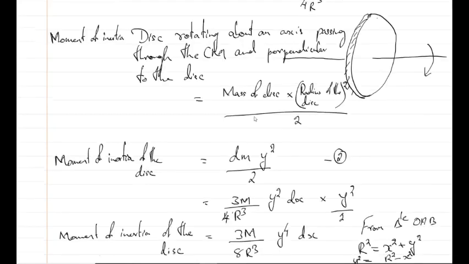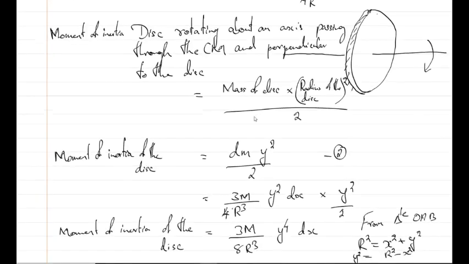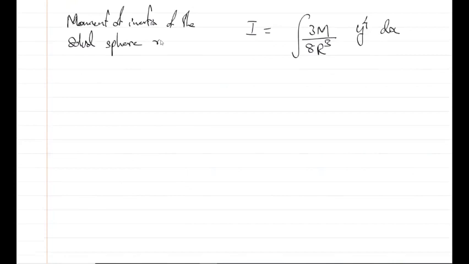Did I miss something? No. 3m by 8r cube y power 4 dx. That's it. So this is the moment of inertia of the sphere rotating through an axis.